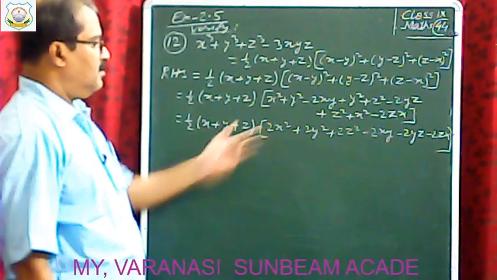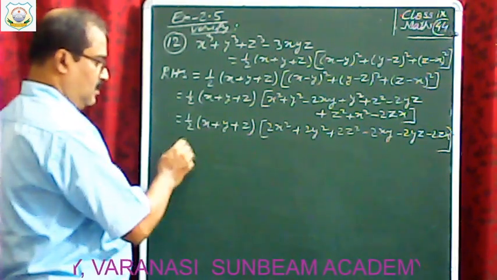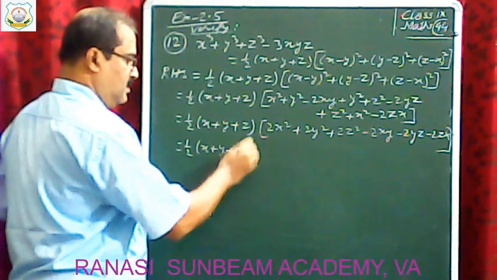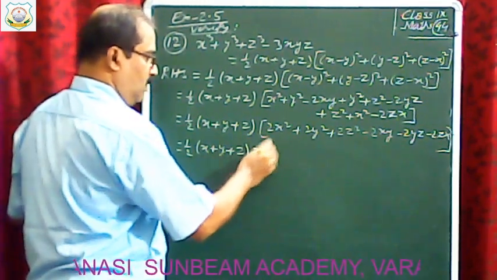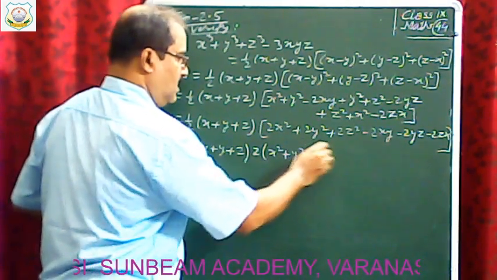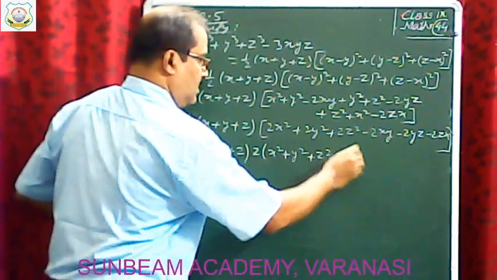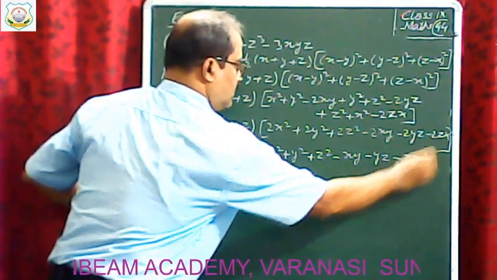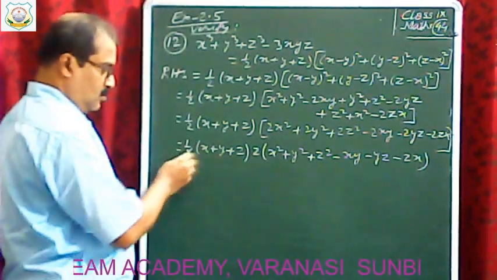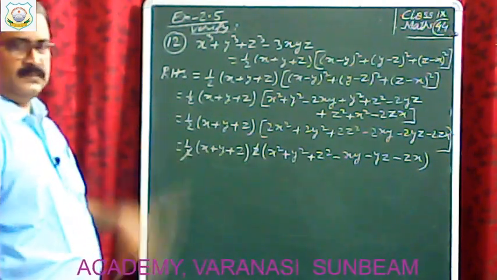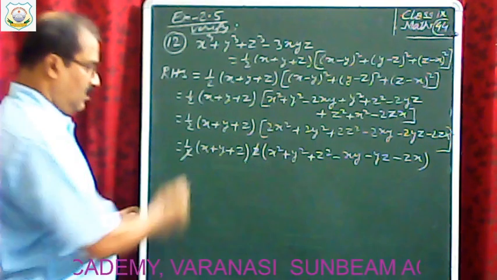Okay, now take out 2 as common. 1 by 2, x plus y plus z. Take out 2 common. What do we get? x square plus y square plus z square minus xy minus yz minus zx. Now I have taken out 2 as common, and both are reduced. So finally what do we get?